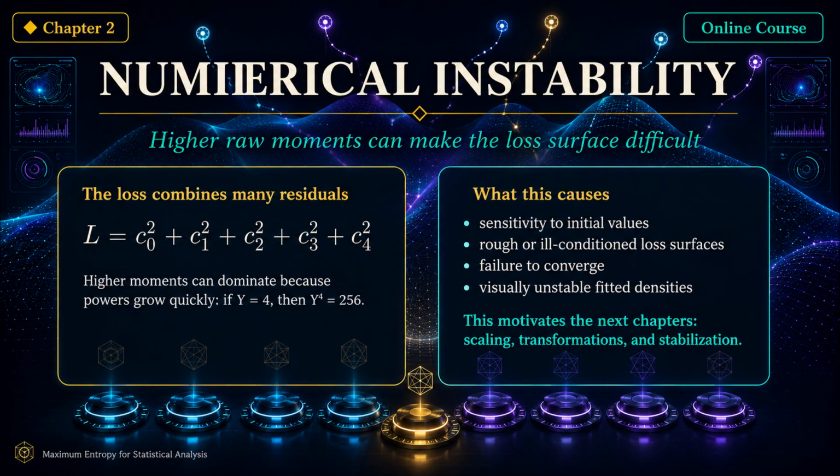And the problem is this. If you just try to use the loss function that we saw on the previous slide, some of those moments get very big, right? So when we're at the 4th moment, we're talking about very large values. If y is 4, then y to the 4th is 256. Well, what if y is 100? Now y to the 4th just becomes unmanageable. And what this causes is something that we'll generally refer to as numerical instability.